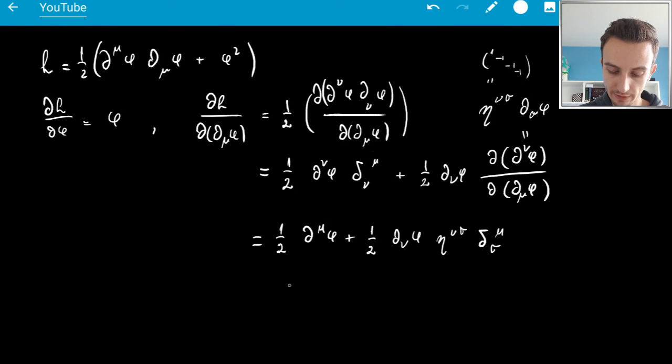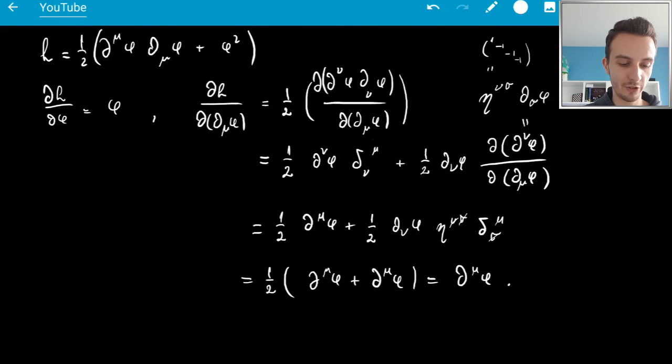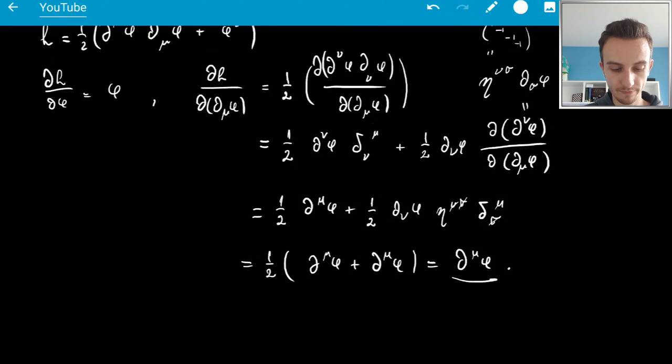So mu is replaced with sigma, d mu phi, plus, so nu is replaced with sigma, sigma is replaced with mu, and then nu is replaced with mu, but raised, and that's d mu phi. Okay, that's a bit too complicated. I just wanted to show how it works, but obviously it's this.